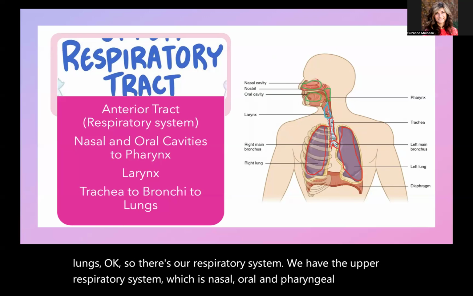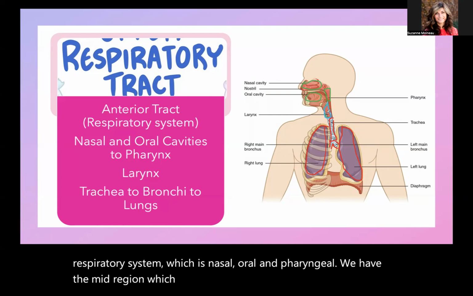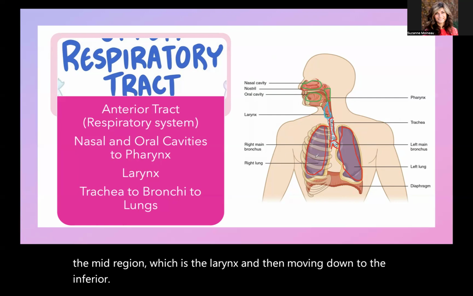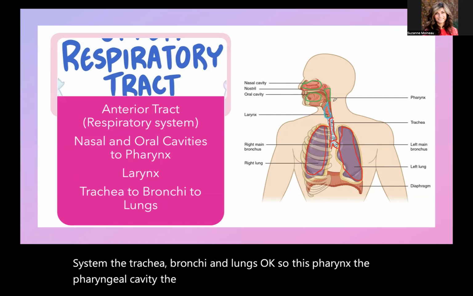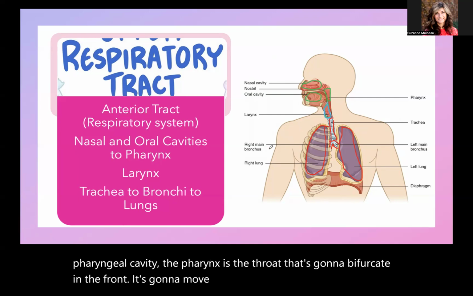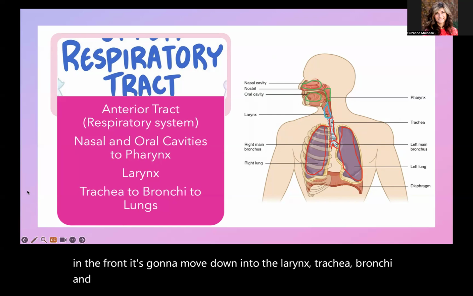We have the mid region, which is the larynx, and then moving down to the inferior respiratory system, the trachea, bronchi, and lungs. Okay, so this pharynx, the pharyngeal cavity, the pharynx is the throat that's going to bifurcate. In the front, it's going to move down into the larynx, trachea, bronchi, and lungs.